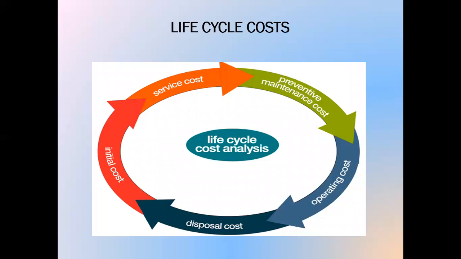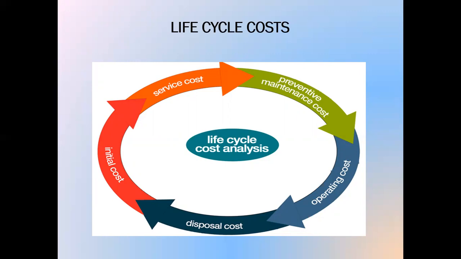These are the different components of the life cycle. First is the initial cost. Initial cost means construction cost or procuring cost or manufacturing cost. And second one is the service cost, which includes the inspection cost. Then if we find any damages, we move to the preventive maintenance cost.